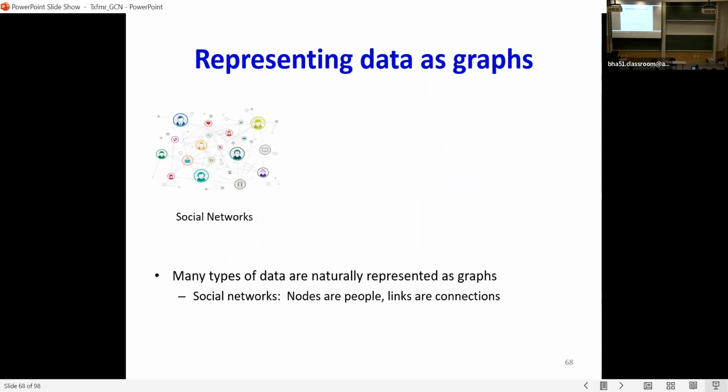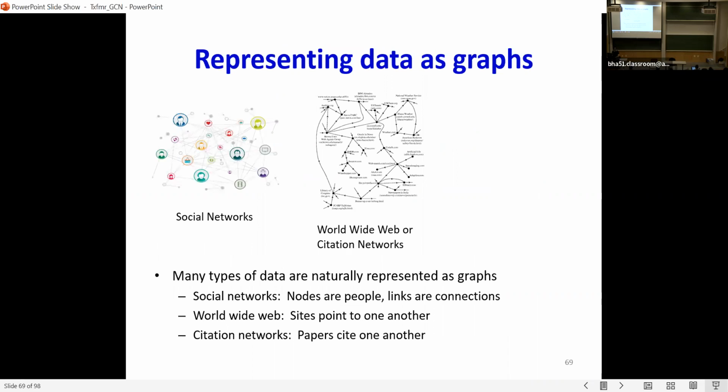A bunch of data is very efficiently represented as a graph, like a social network where the people are nodes and who is friends with who is the relationships. Like the entire World Wide Web where pages are nodes and hyperlinks are relationships.